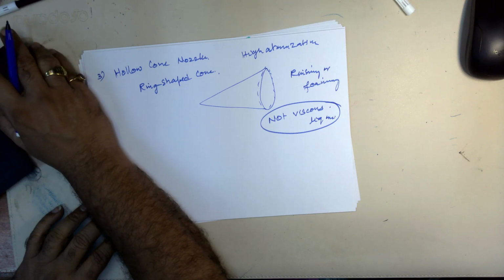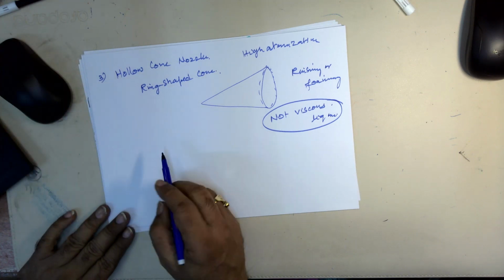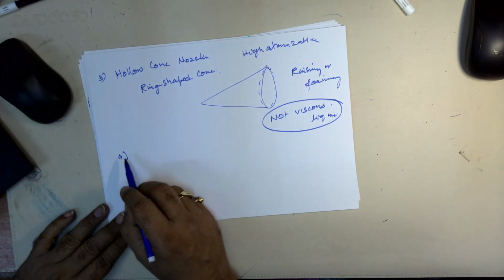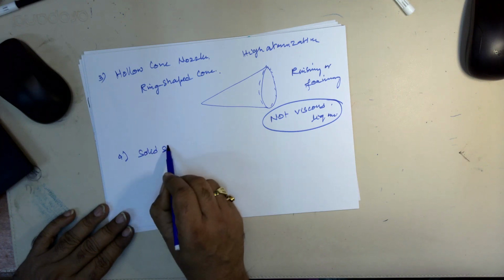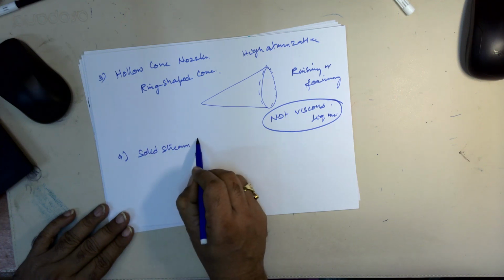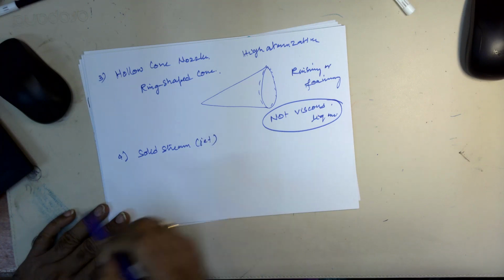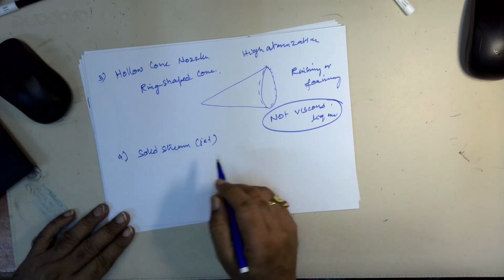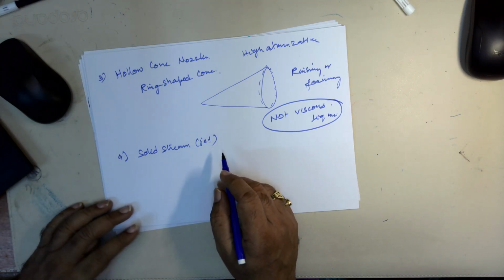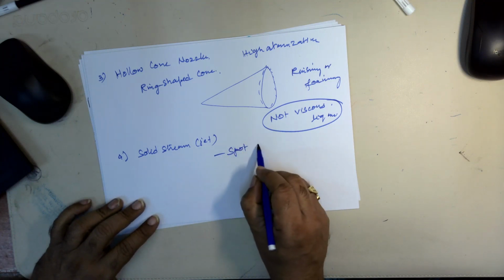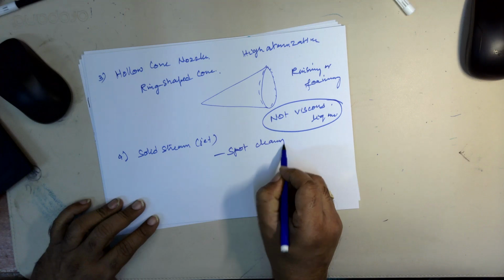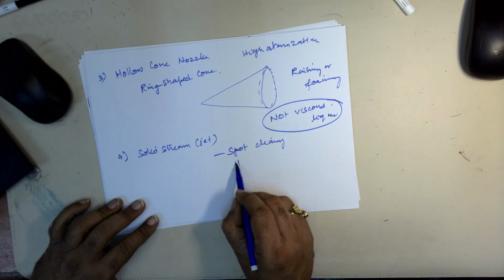And the next type is the solid stream jet. Solid stream is a concentrated jet, and this is useful for spot cleaning and high pressure jets.